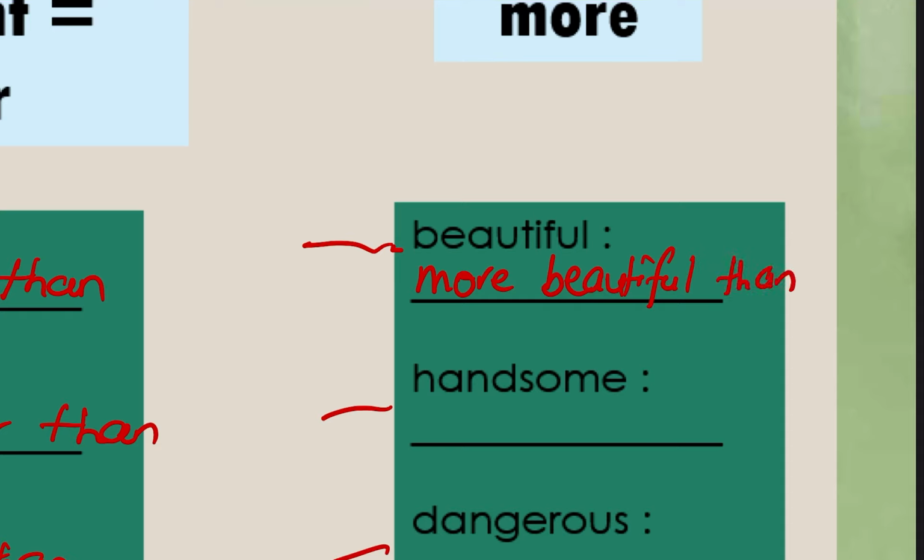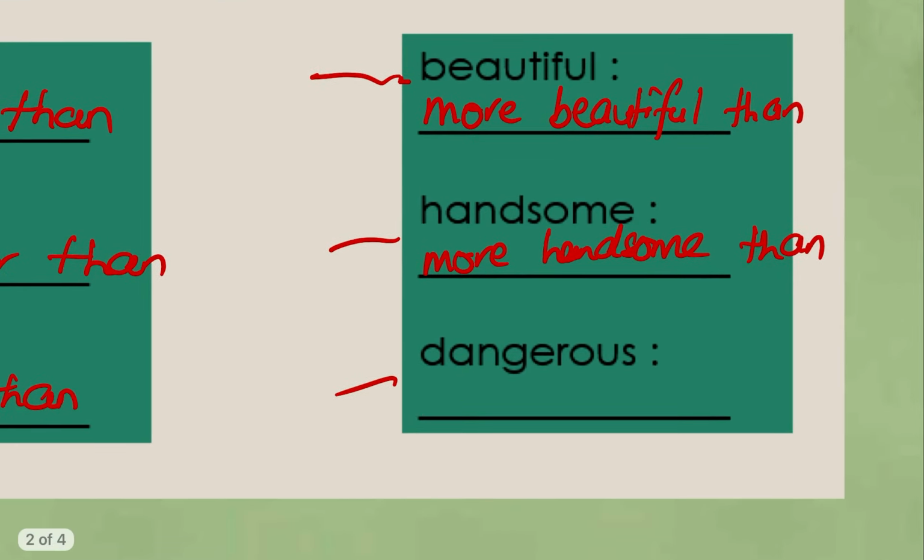Next one, more handsome than. Okay, last one would be more dangerous than.